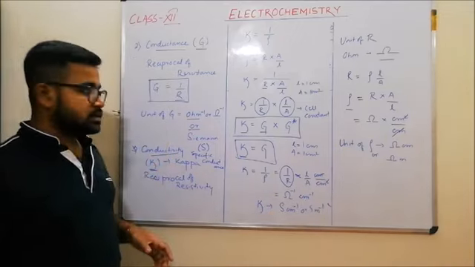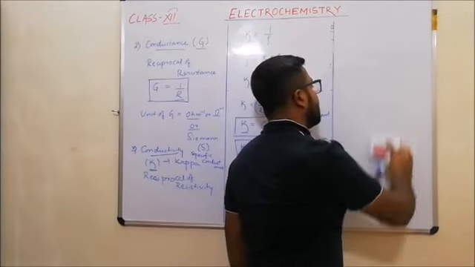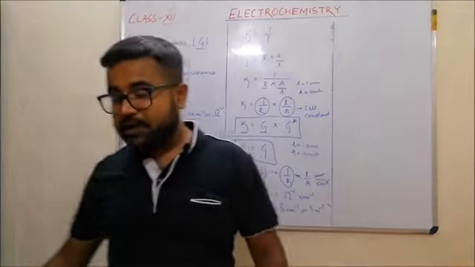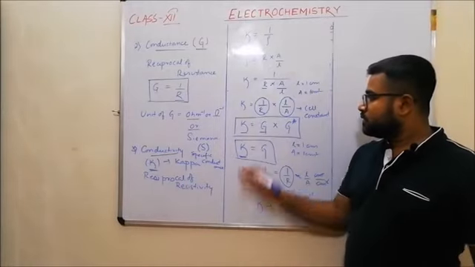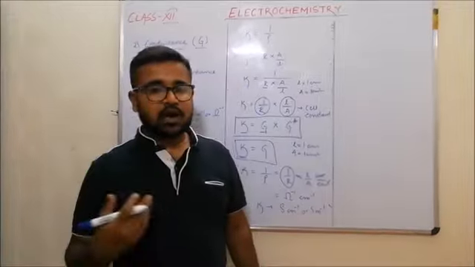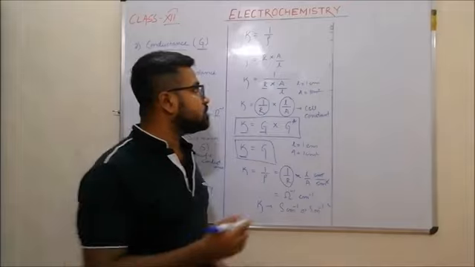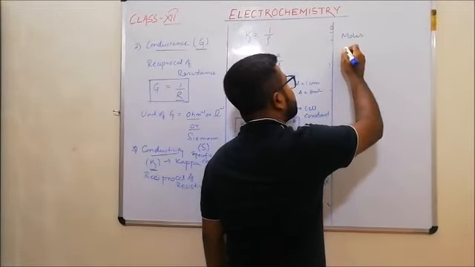Okay, now you can see how we can determine the concentration of the solution. We can determine the concentration of solution in terms of what? In terms of moles or in terms of gram equivalent.